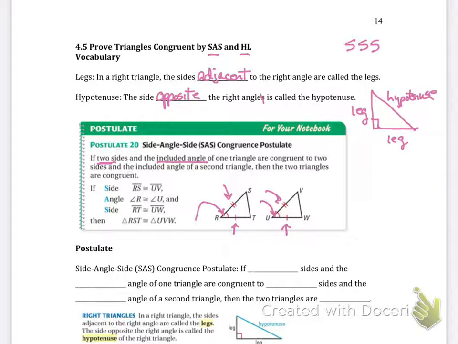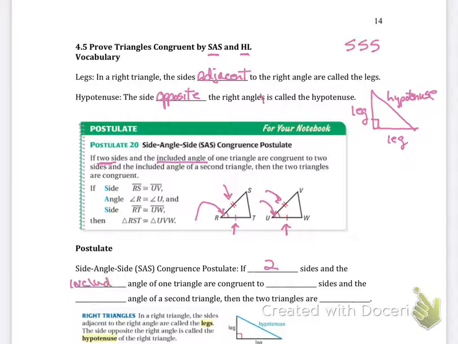Okay, so let's write out this postulate ourselves. So what we want to know is, if we are going to prove two triangles are congruent by side angle side, that only works if two sides and the included angle, okay, that word is key.